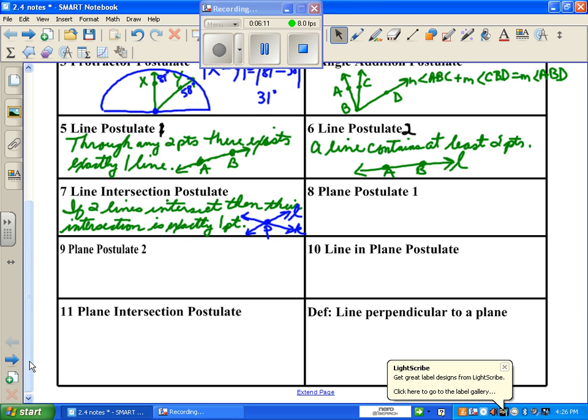Plane postulate. Now, number 8, the 8th postulate is called the plane postulate. There's 2 plane postulates. This is going to be plane postulate number 1. And that says through any 3 non-collinear points, there exists exactly 1 plane.